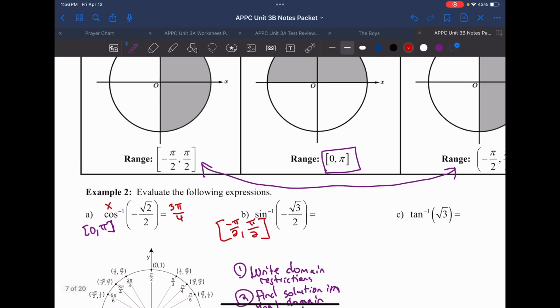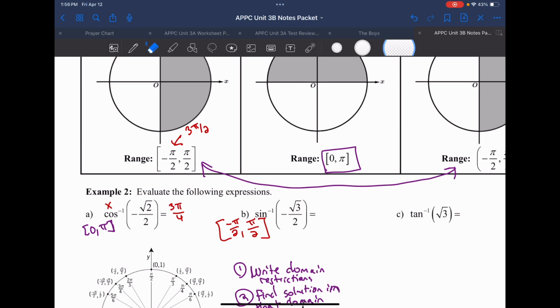And really what this means, negative pi over 2, remember, is going to be the same idea as 3 pi over 2. So you wouldn't write it that way. My range does not go from 3 pi over 2 to pi over 2. But I can think of that to help me find it on the unit circle here.